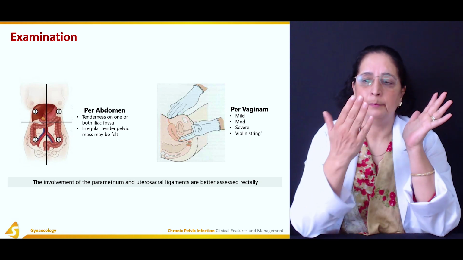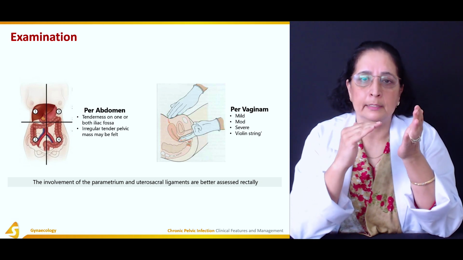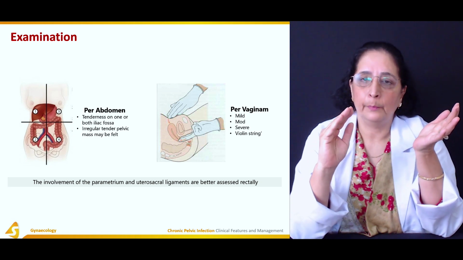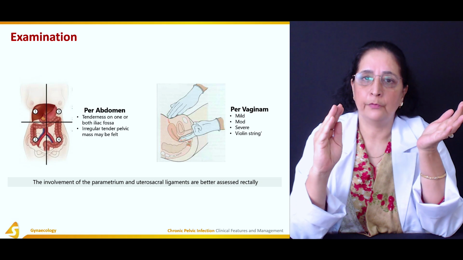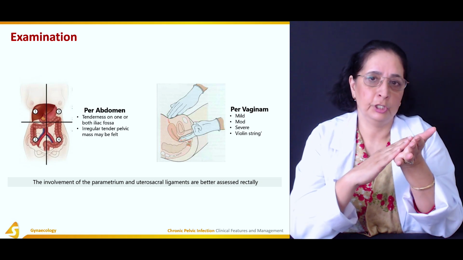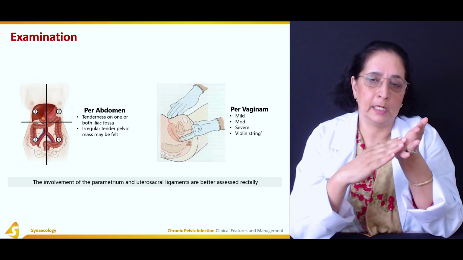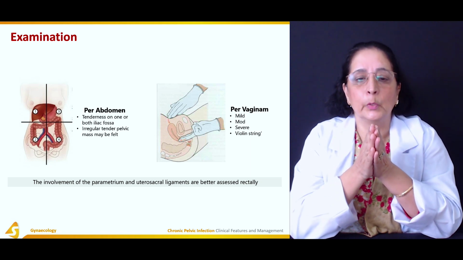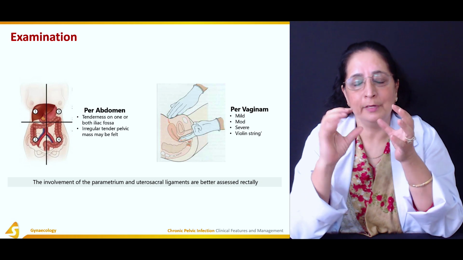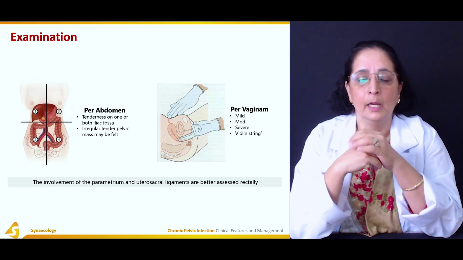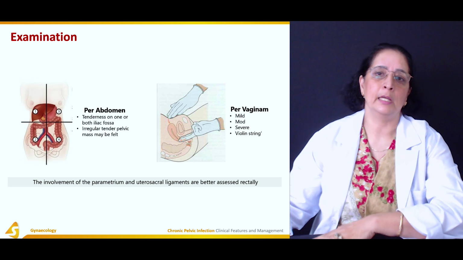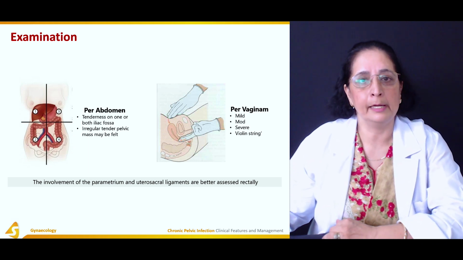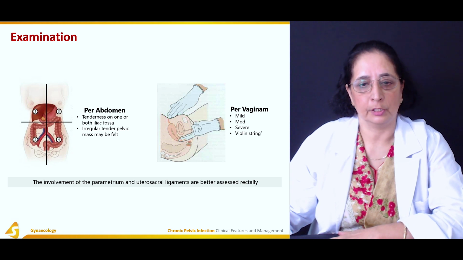When the patient is examined from the abdomen, usually for palpation, use these four fingers, and when you push on the right iliac fossa and on the left, there is usually tenderness on both sides. And sometimes you feel a small mass also. This mass in chronic infections is usually due to scarring and adhesion formation.